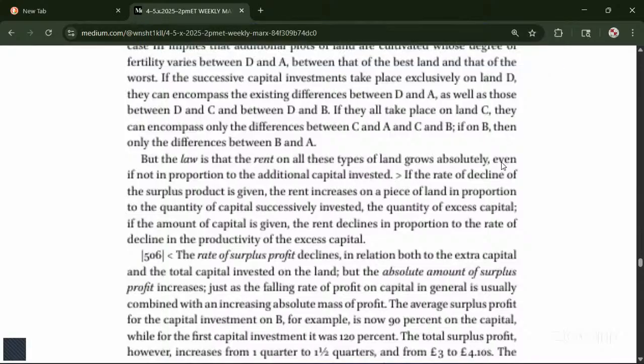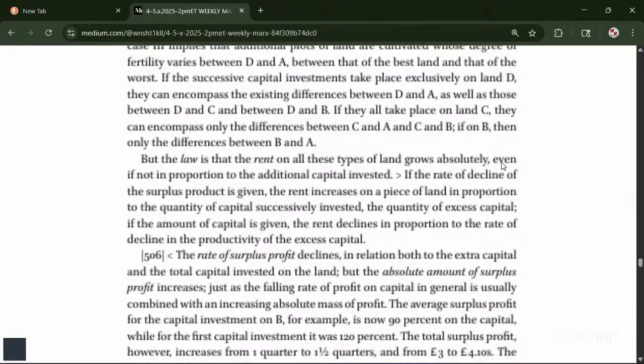If the rate of decline of the surplus product is given, the rent increases on a piece of land in proportion to the quantity of capital successively invested, the quantity of excess capital. If the amount of capital is given, the rent declines in proportion to the rate of decline in the productivity of the excess capital.